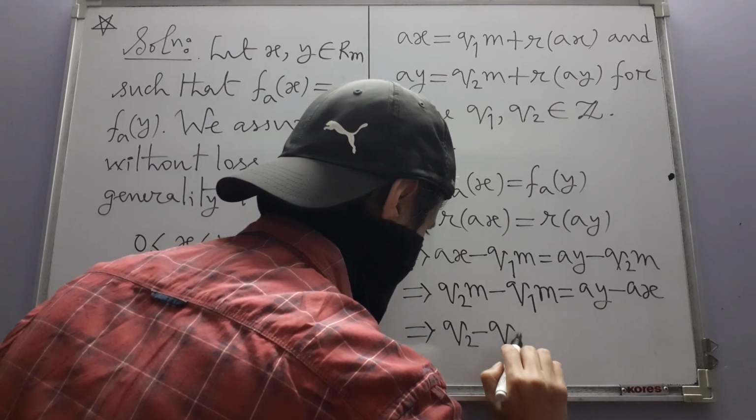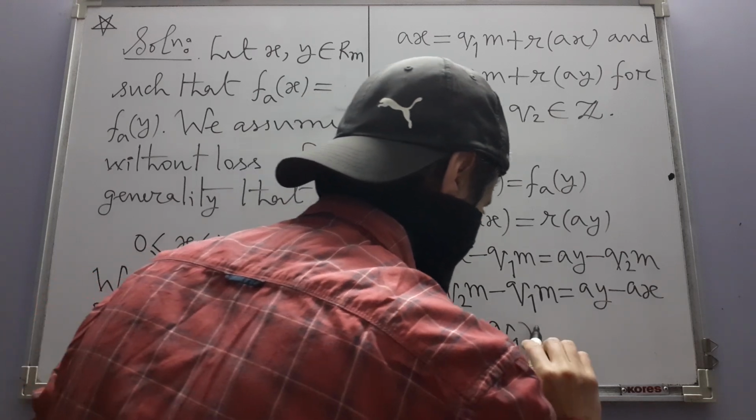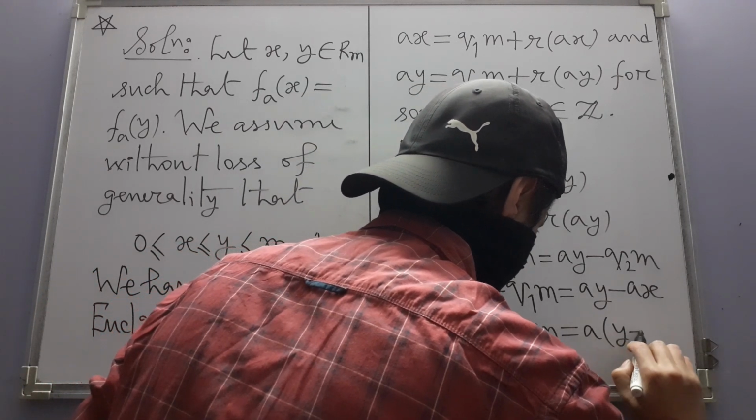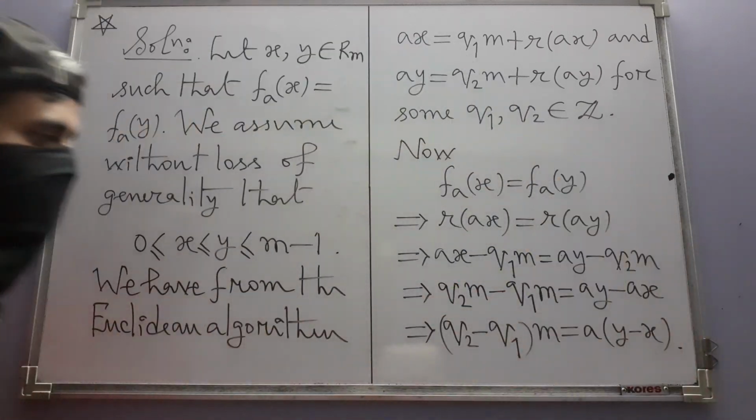So (q2 minus q1) times m is equal to a times (y minus x).